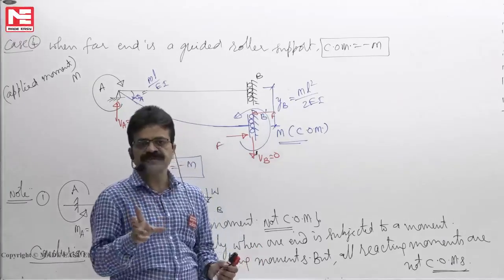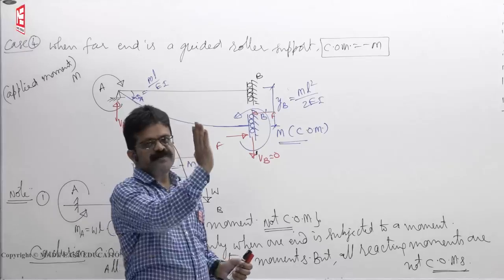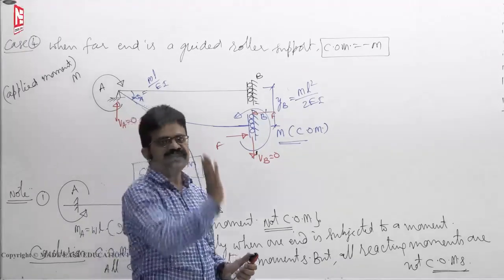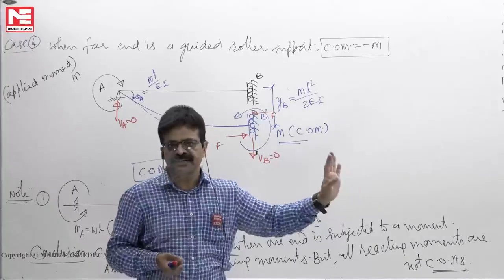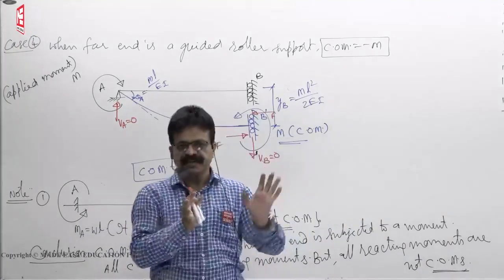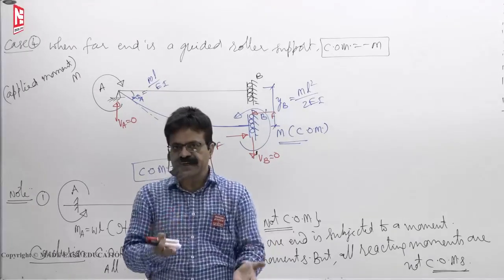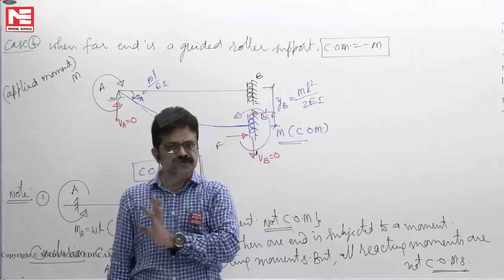Guided roller supports will exert two reactions. One is a moment, and one reaction will develop perpendicular to the plane of the roller base. Parallel to the plane of the roller base, it cannot exert any reaction, simply the rollers roll in that direction. They cannot rotate, they cannot be lifted. Only in one direction they are guided to move.